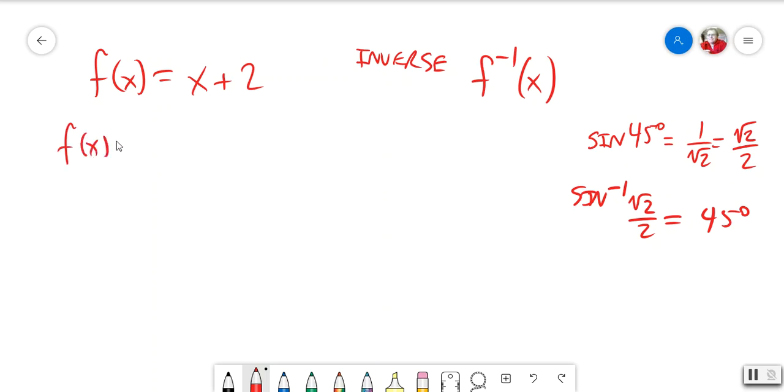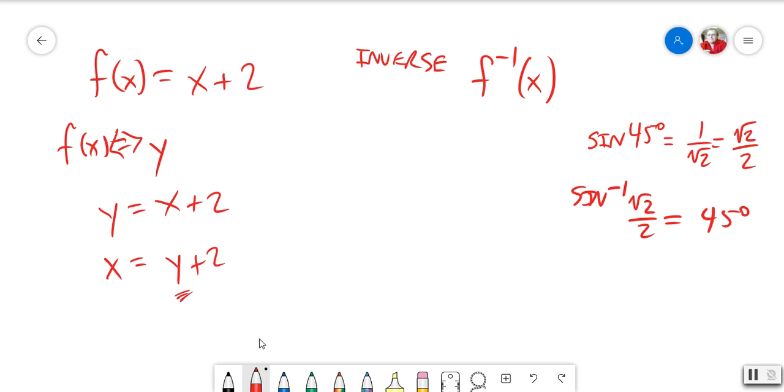Recall f(x) equals y. It's exactly identical to y, in fact. So the way to find an inverse function, you first rewrite it in xy notation instead of f(x). Then you switch. You change your x to a y and your y to an x.